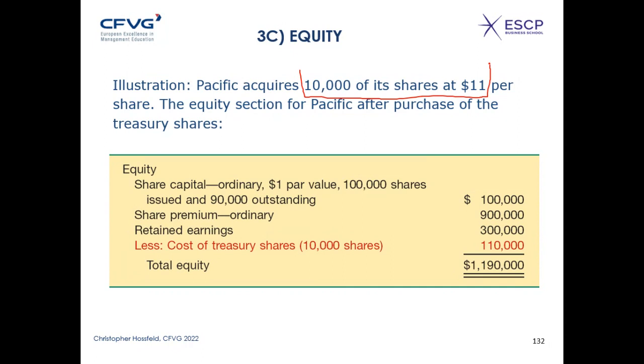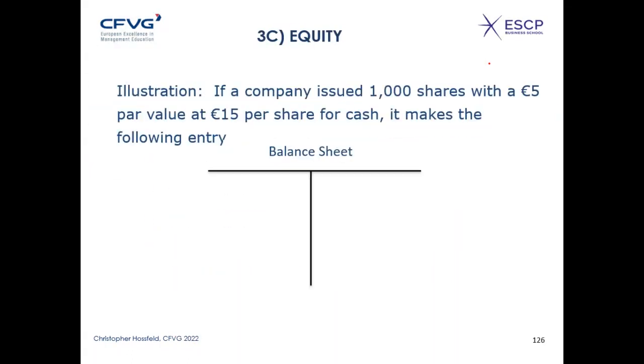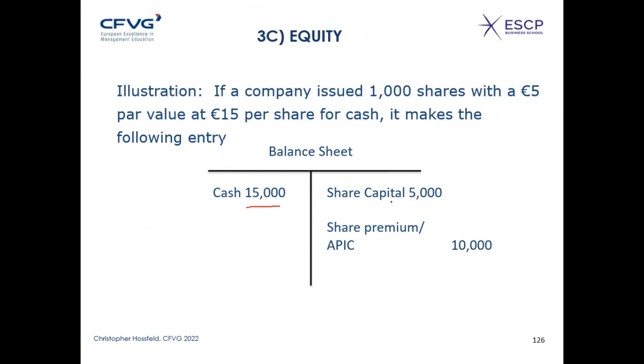Okay, when I issue new shares, basically we have seen that before here. When I issue new shares, there's a cash increase and my equity increases. Now, when I buy back my own shares, I have exactly the opposite movement. That means my cash position will decrease, and equity will decrease.